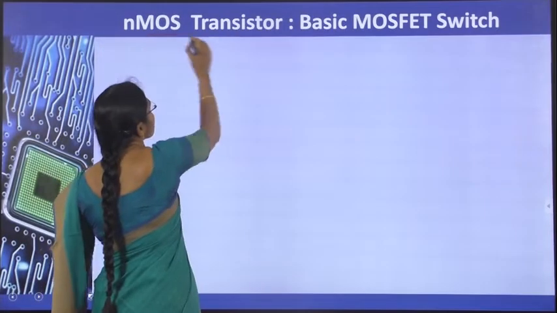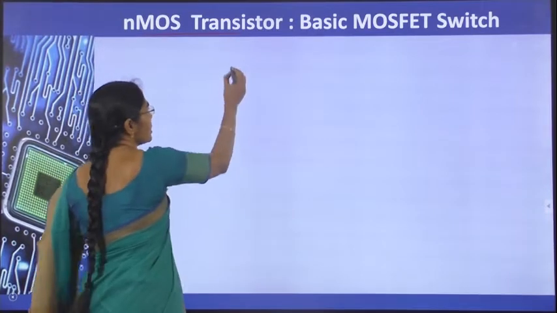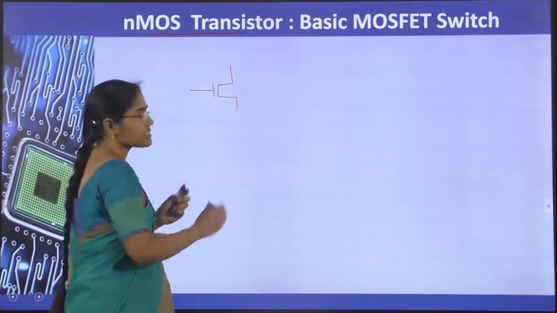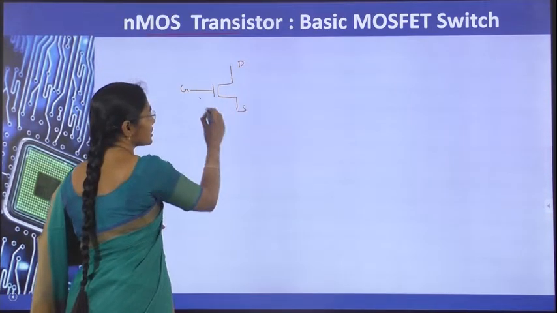The NMOS transistor acts as a basic switch based on the voltage applied at its gate. So this is the NMOS transistor, this is the gate terminal, this is the source terminal, and this is the drain terminal.